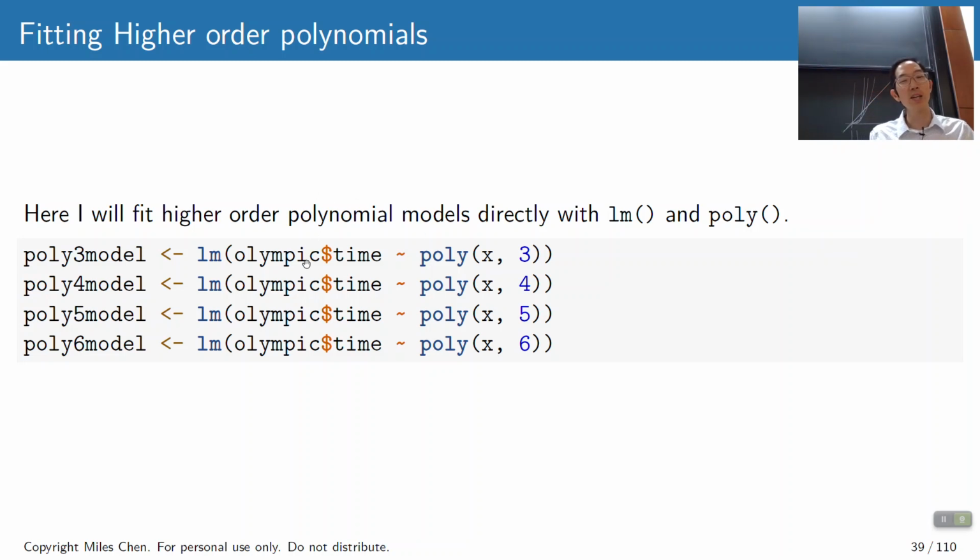I basically just cut and paste all of them, and I just said, hey, predict time based on X, but do it third order, fourth order, fifth order, sixth order, and so forth. And I just say, hey, do a linear model, fit this, and we're going to save it as the poly 3 model, the poly 4 model, the poly 5 model, right? So this made it really easy to try out a whole bunch of different polynomial models of different orders without having to do a bunch of manual work here.